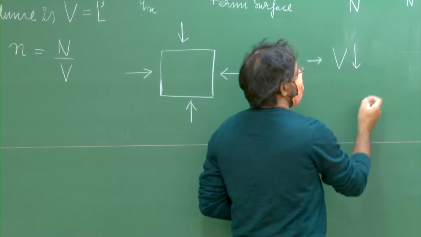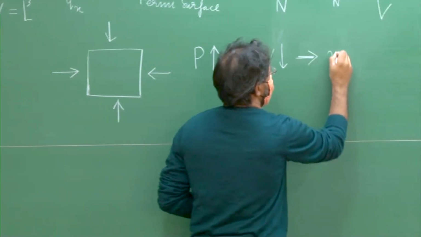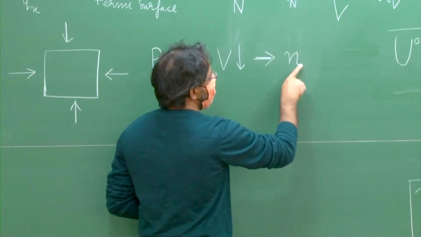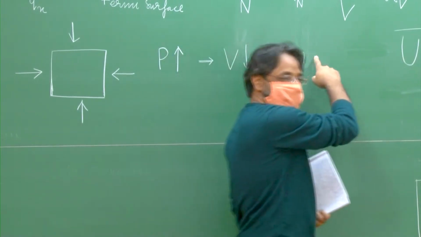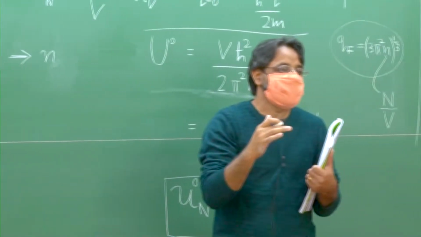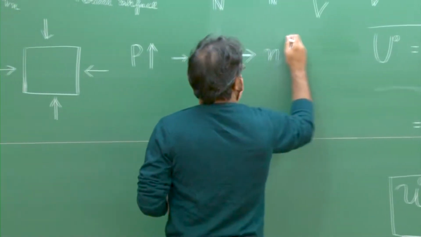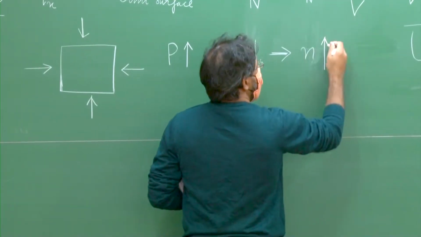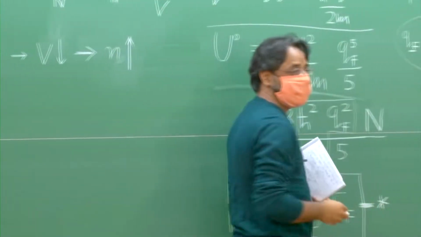If the volume comes down, then what will happen to this little n? Remember, this little n is the number density. The number of electrons is not changing. What is changing is the volume, you are compressing it. So, since you are decreasing the volume, n would increase. Since n would go up, what will happen to QF, the Fermi wave vector?